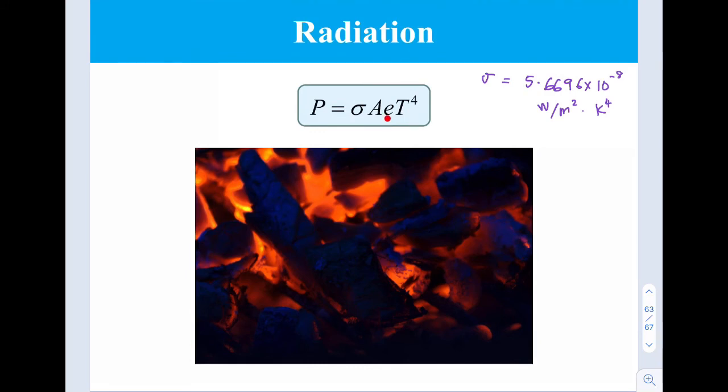The value of E can vary from 0 up to 1, depending on the properties of the surface. The emissivity here is equivalent to the absorptivity, which is the fraction of the incoming radiation that the surface absorbs. A mirror has a very low absorptivity because it reflects almost all incident light on it.